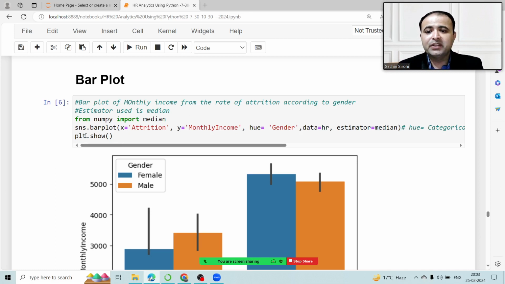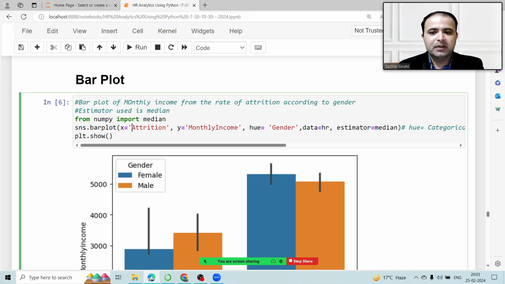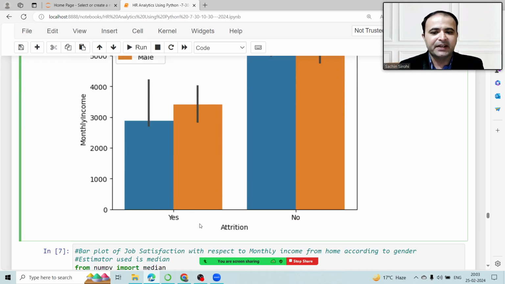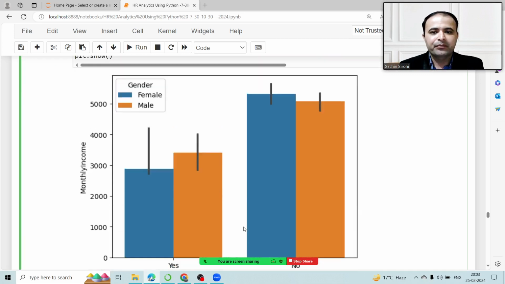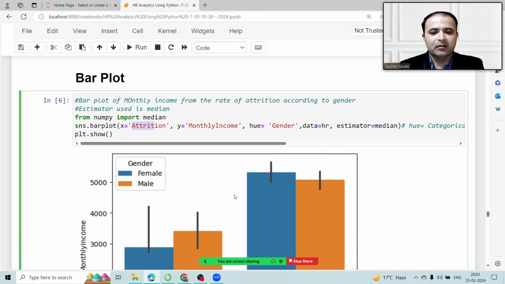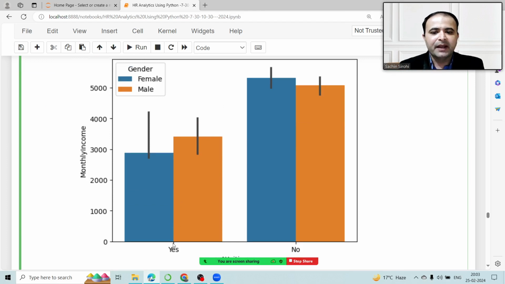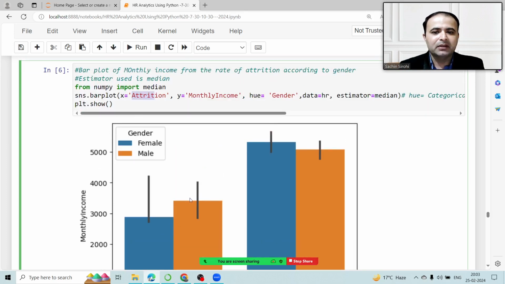With the bar plot, I have supplied X as attrition, yes and no, and the monthly income of those who resigned and left the company.